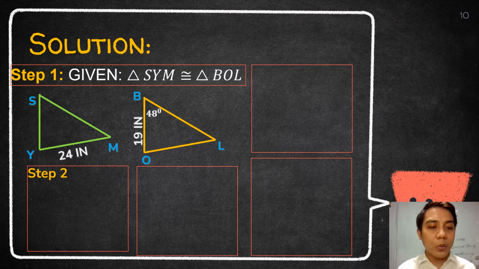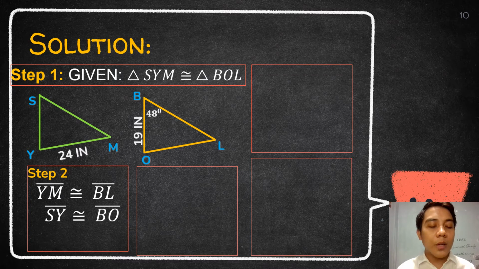Now let's have step 2. We need to identify all the congruent parts in the congruent triangles. So we have side YM is congruent to side BL. Side SY is congruent to side BO. And angle S is congruent to angle B under the SAS congruence postulate.